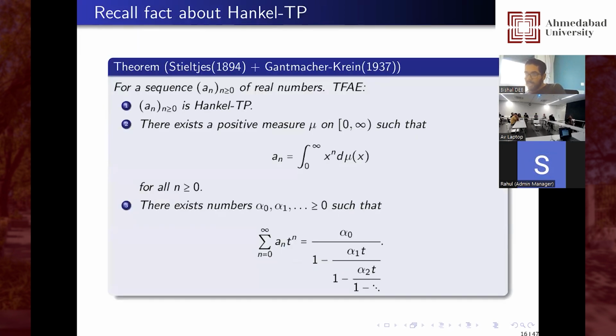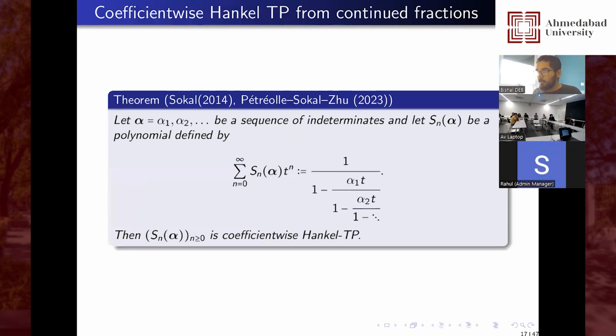So again, this was the theorem which I stated a while ago. Unfortunately, we do not have a theorem like this in this setting. We do not have necessary and sufficient conditions, but we have the following theorem. This was discovered by Allen about 10 years ago, but only published in this paper in 2023, though it was out on the arXiv in 2018.